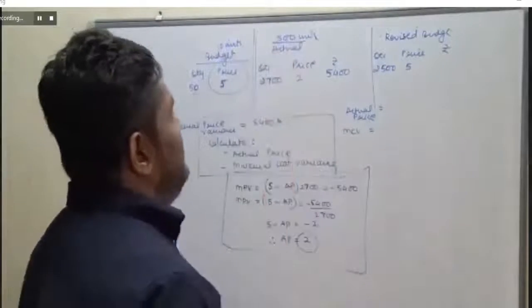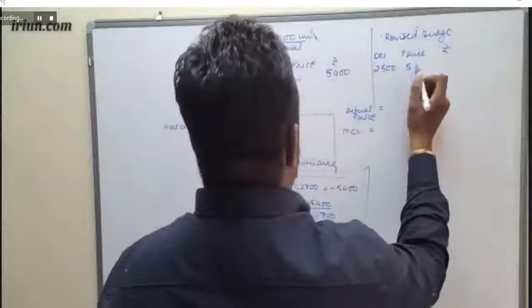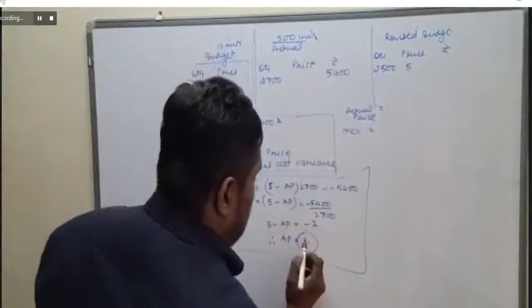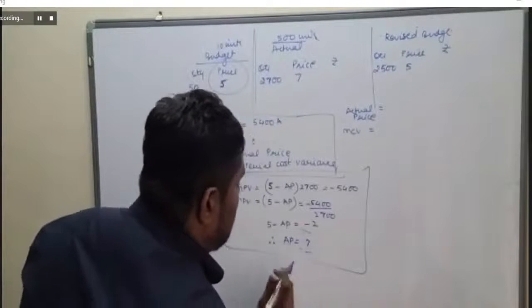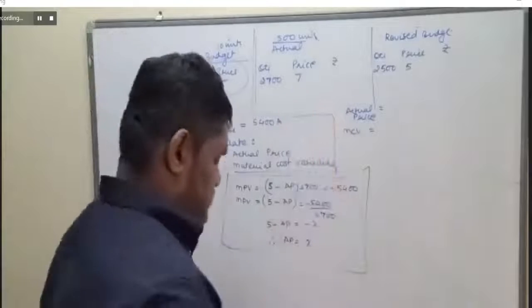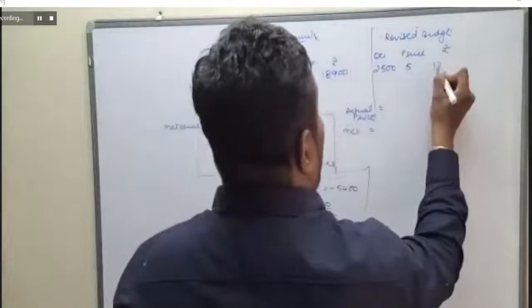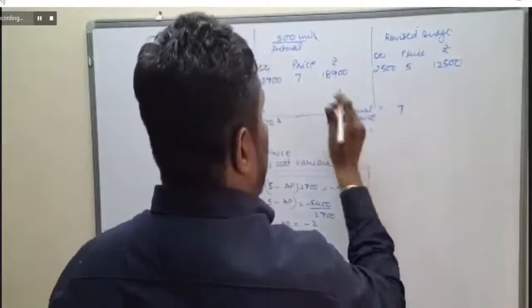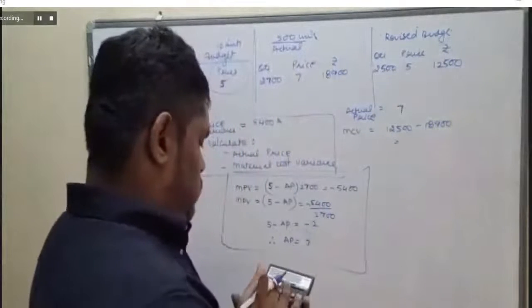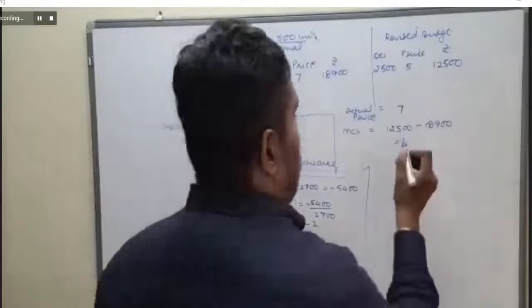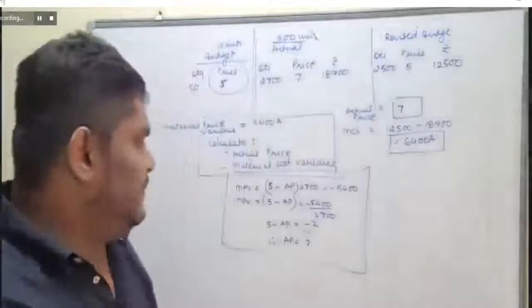Ten units, 50 kgs. So 500 units, how much? So these are the correct answers, wherein the actual price will be 7.